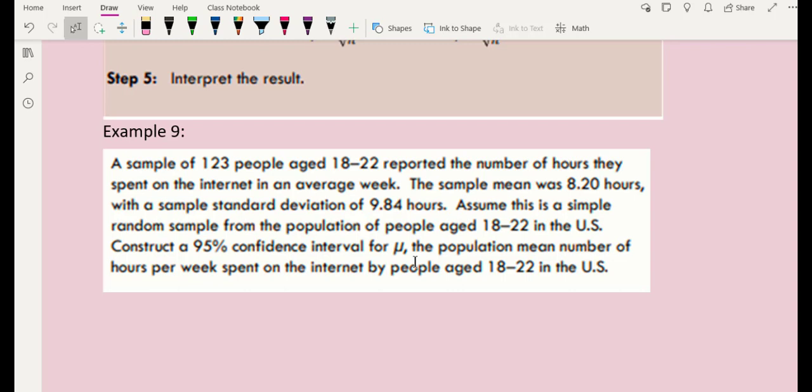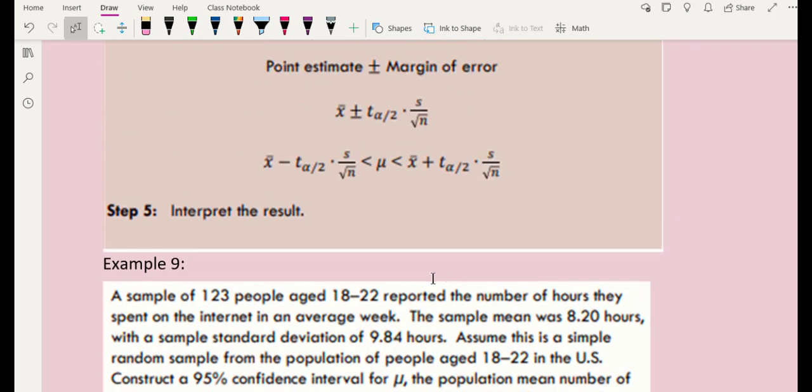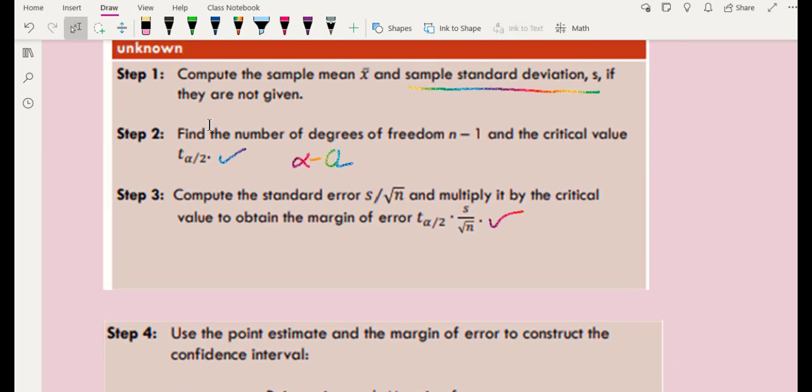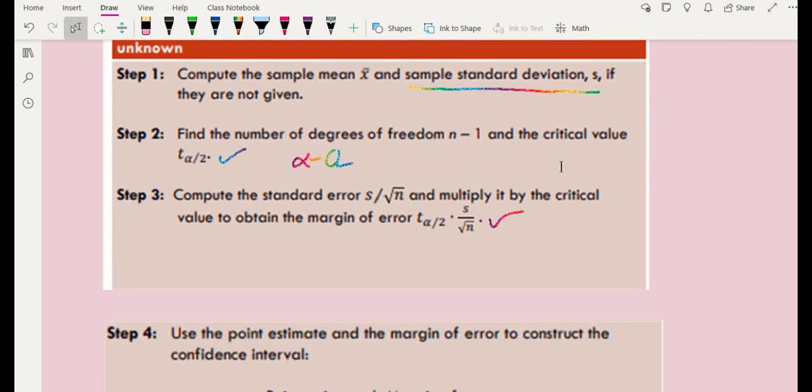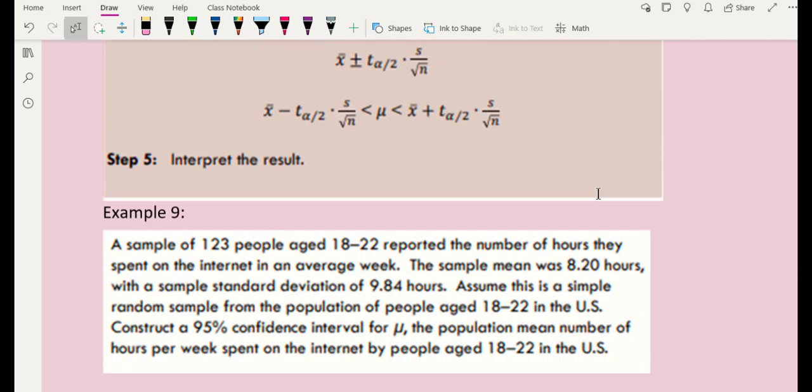So, as normal, I tell you to write down the information that you know. So that's step 1. If we go back up and look at it, it tells us that we need to compute the sample mean and the sample standard deviation. And then from there, we're going to find our degrees of freedom and then find our critical value.